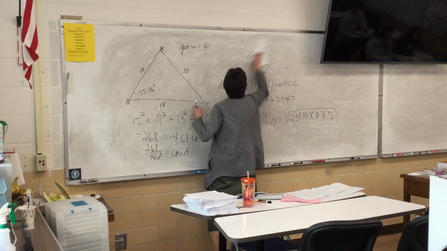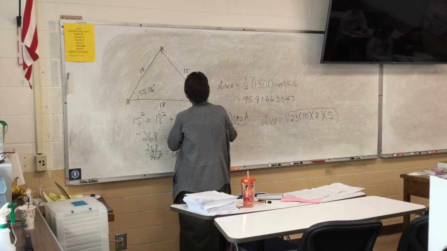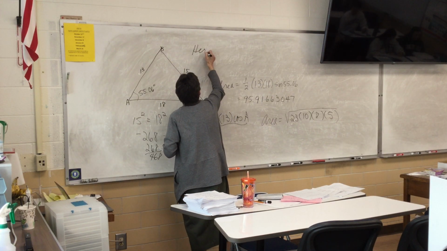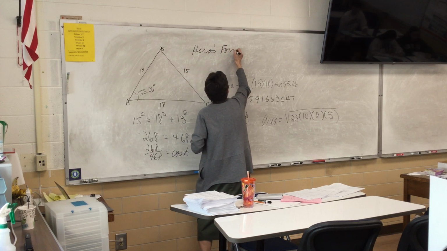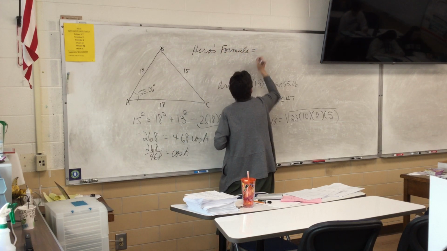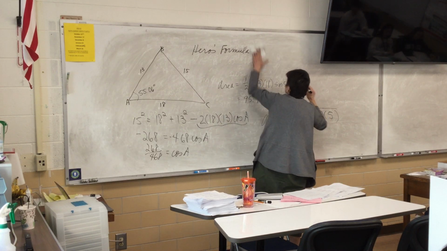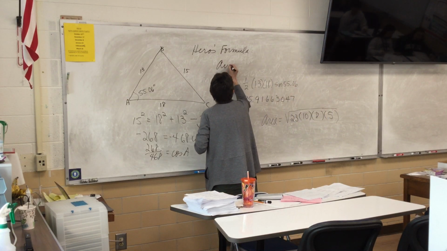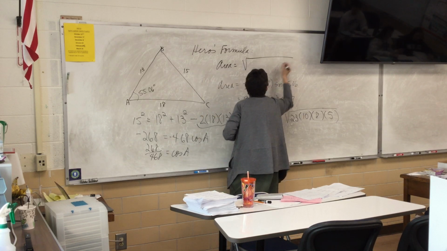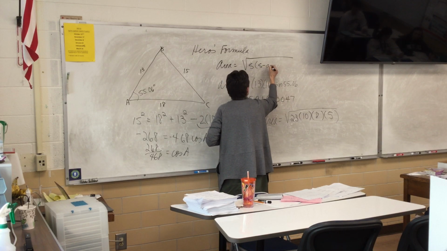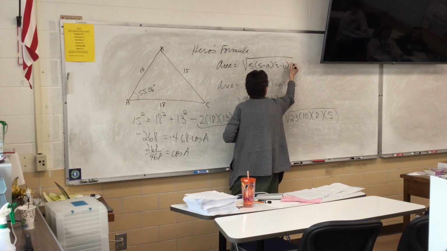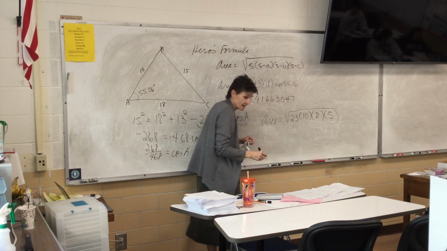Now called Hero's formula. And Hero's formula says that the area of the triangle is the square root of S times (S minus A) times (S minus B) times (S minus C). So this is on the next page of your notes.